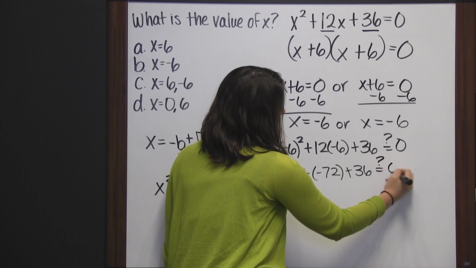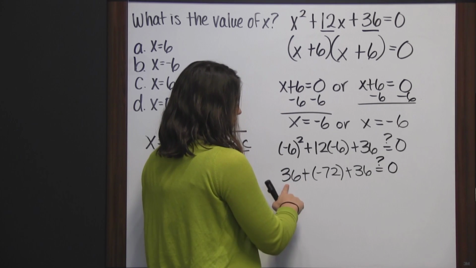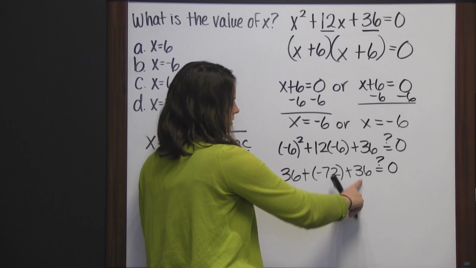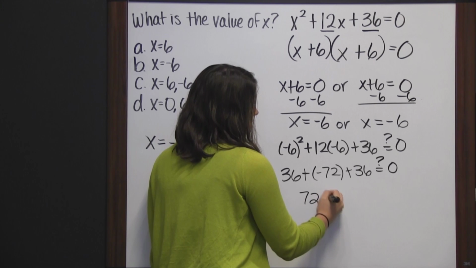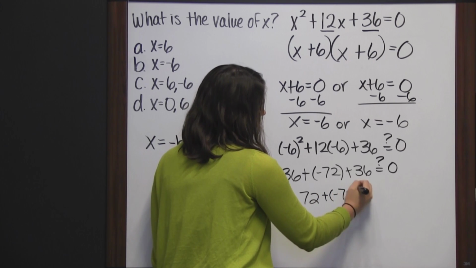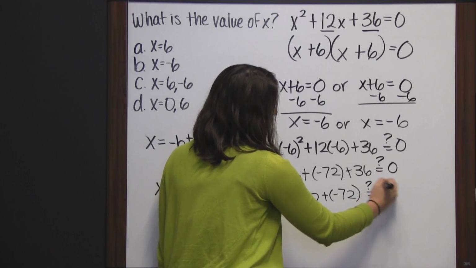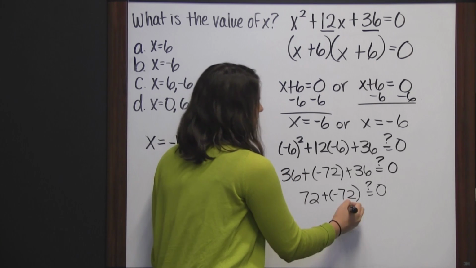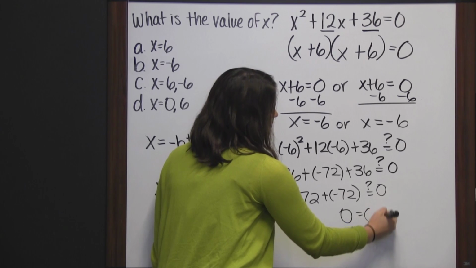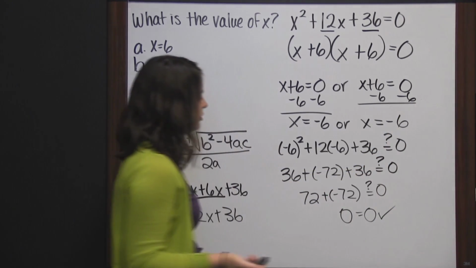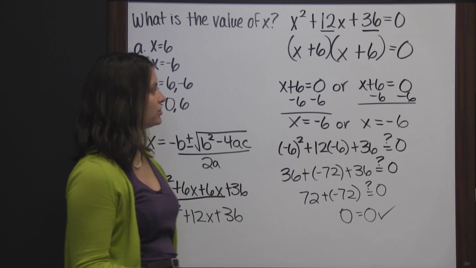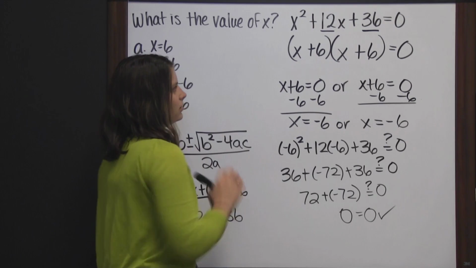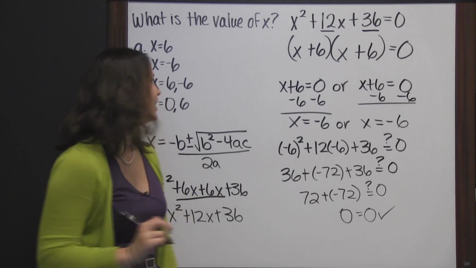And again, I want to know if that equals 0. 36 and 36 is 72. Plus negative 72. 72 plus a negative 72 is in fact 0. 0 does equal 0. So we can see that we solved our equation correctly. We found the value of x, negative 6.